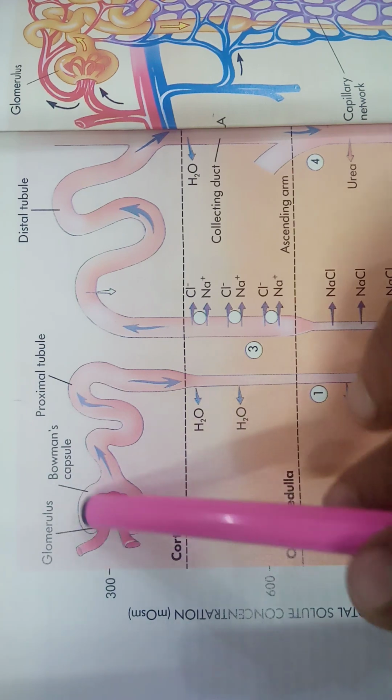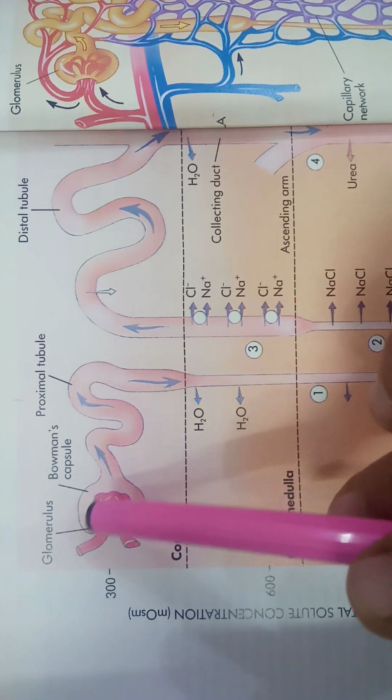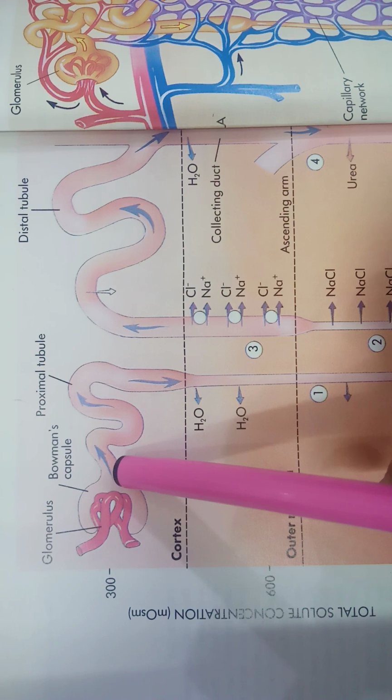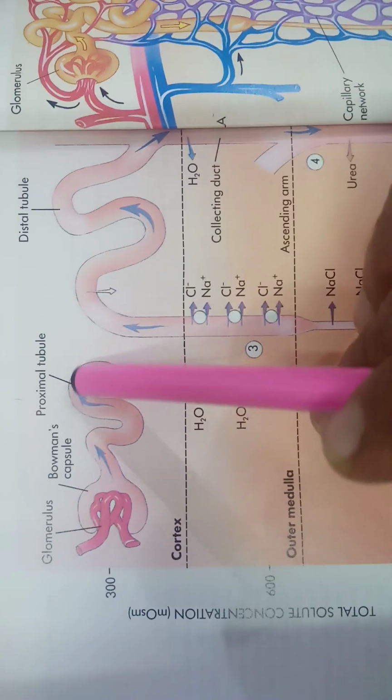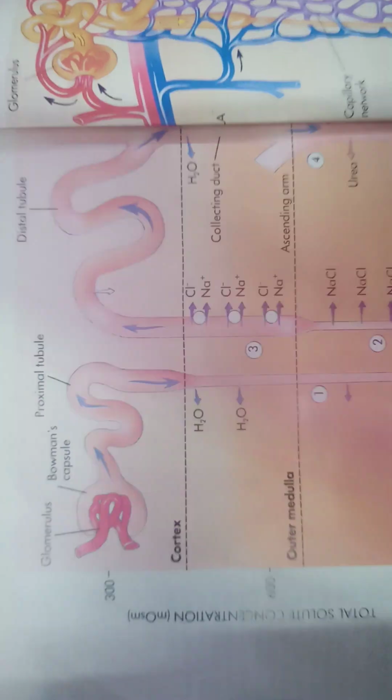Then the glomerular filtrate passes to the proximal tubule, where 70% of reabsorption occurs.